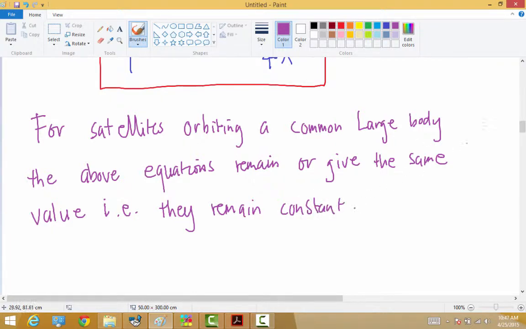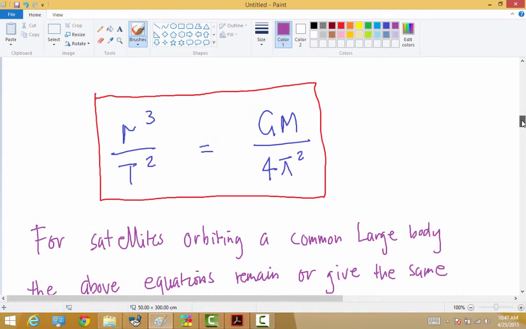Now if you want to know how to derive these, we can actually derive these two equations.